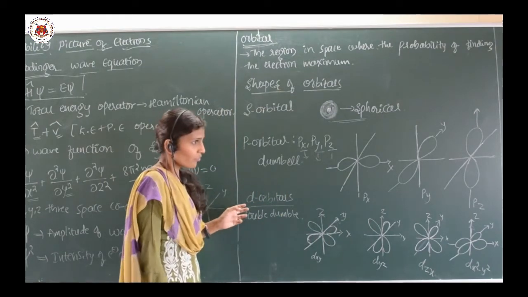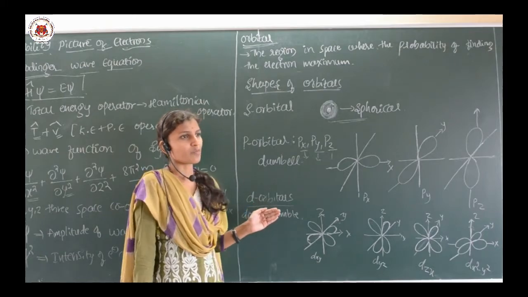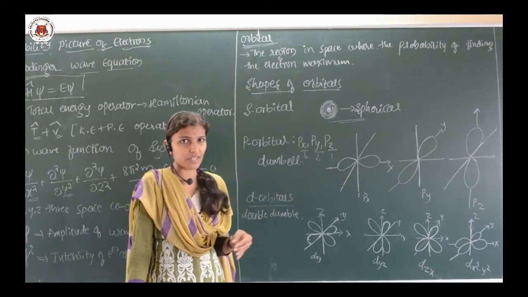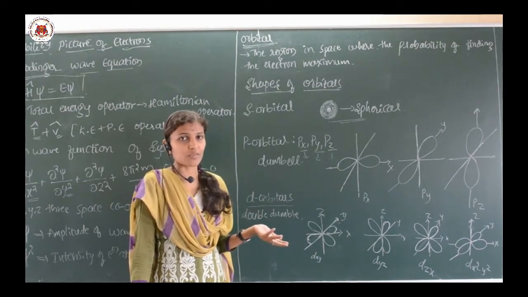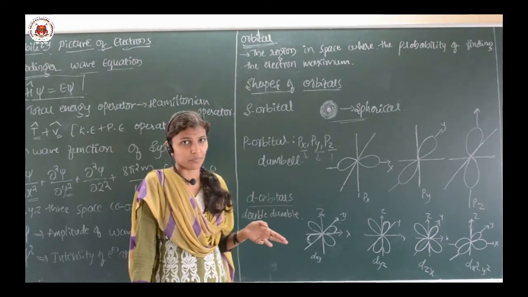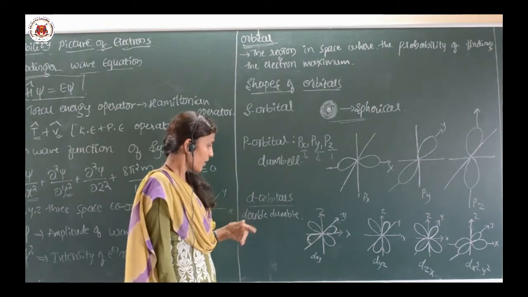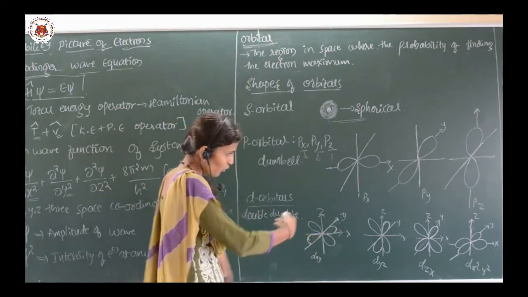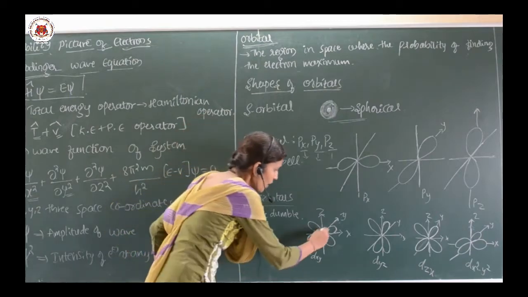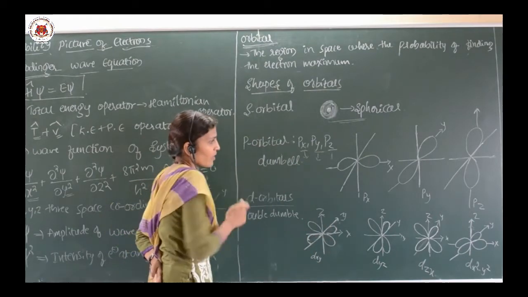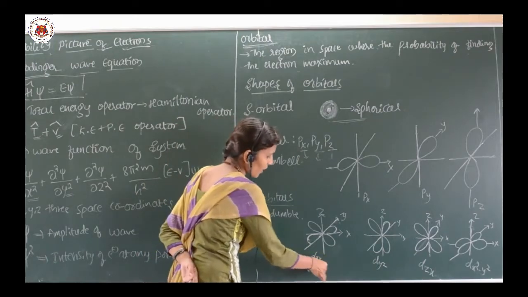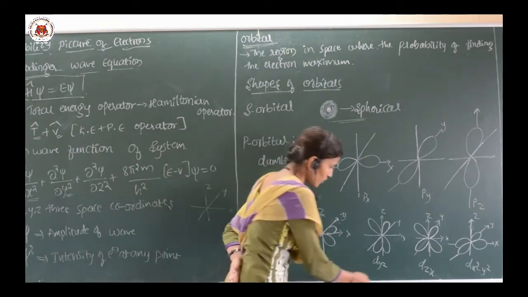Here, as you know, the d orbital is further divided into 5 categories: dxy, dyz, dzx, dx square minus y square and dz square. The d orbitals have a double dumbbell shape. If you look at the diagrams, you are going to get double dumbbells, not only a dumbbell shape. Here it will be the dxy and here it is the dyz.